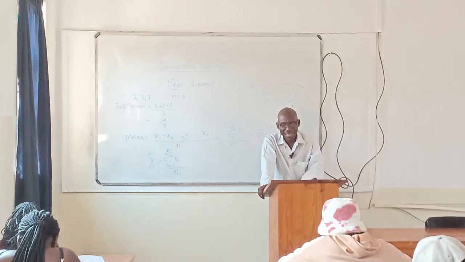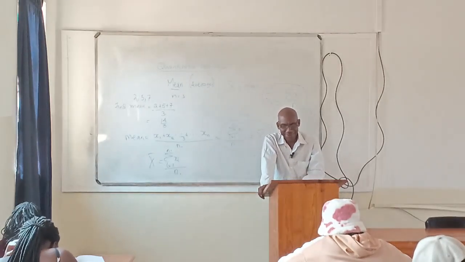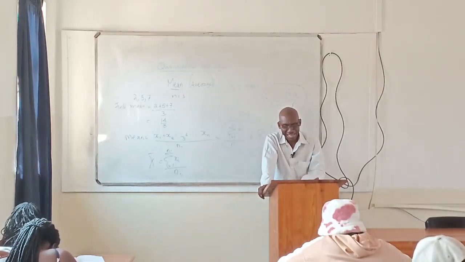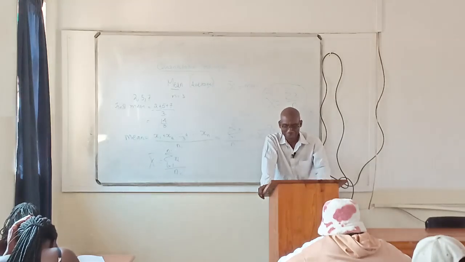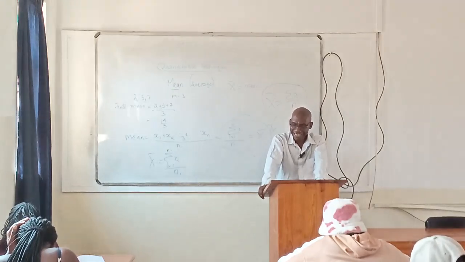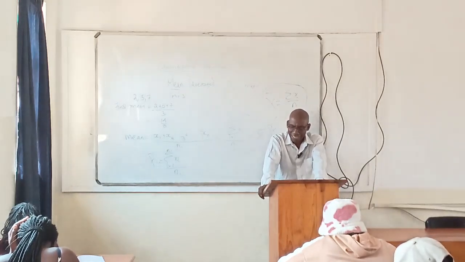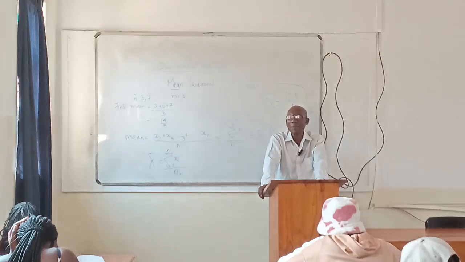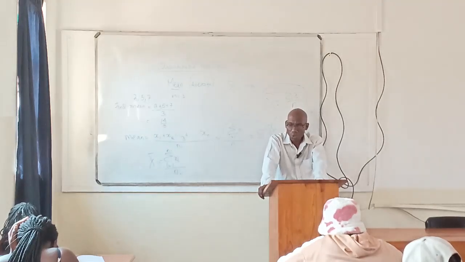Let's have the same data and draw a frequency table: number of instruments X and frequency. Let's start with 1. How many times is 1 appearing there?